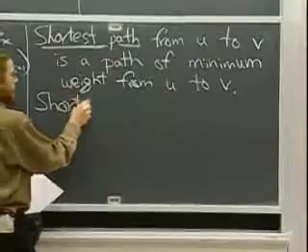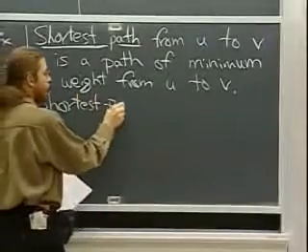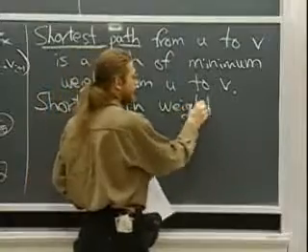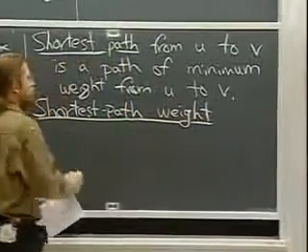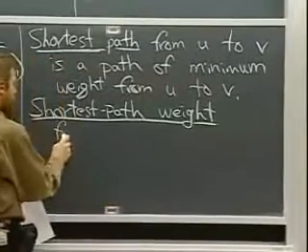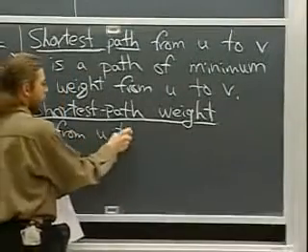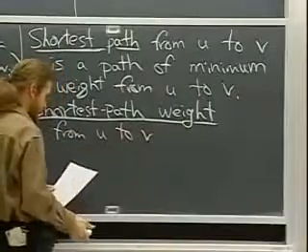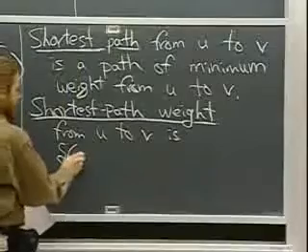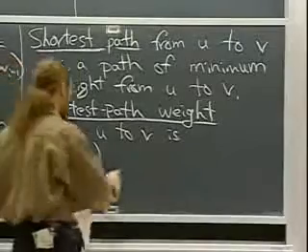We will usually think about a slightly simpler problem, which is just computing the weight of that path, which is essentially computing the distance from A to B. So we'll call this the shortest path weight from U to V. And we'll denote it by delta of U, V, little delta.